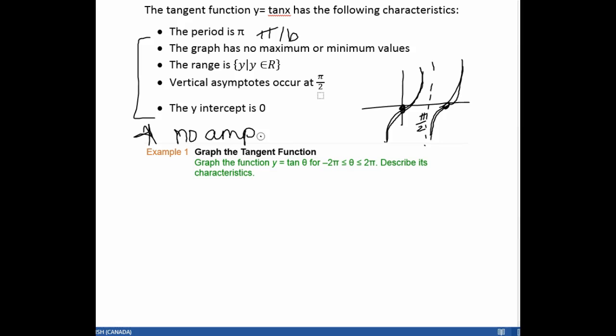Okay, so I'm going to try to draw this one. If I was drawing just this tan graph and it says to go all the way to 2 pi and to negative 2 pi, it just means keep repeating, right? So we'll have 4 ticks. This is halfway, and we said there's an asymptote at a half.